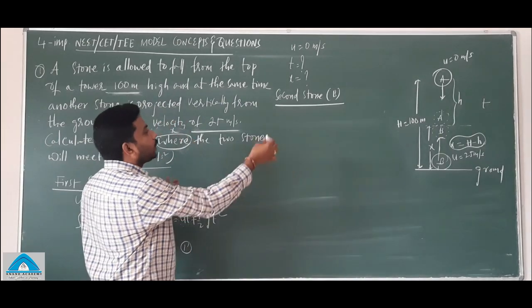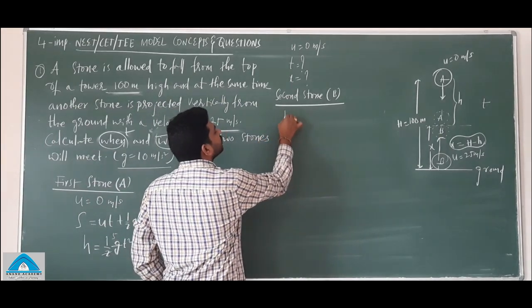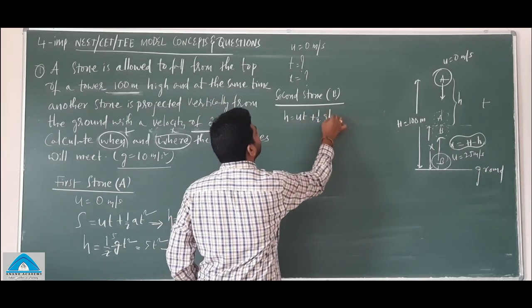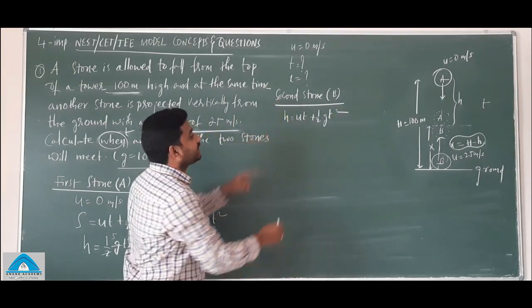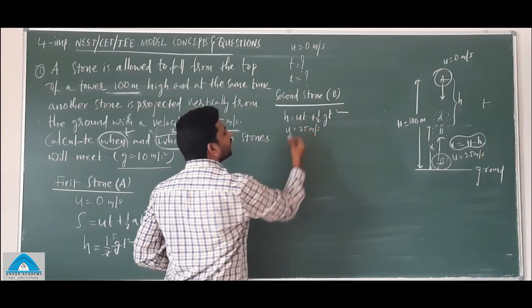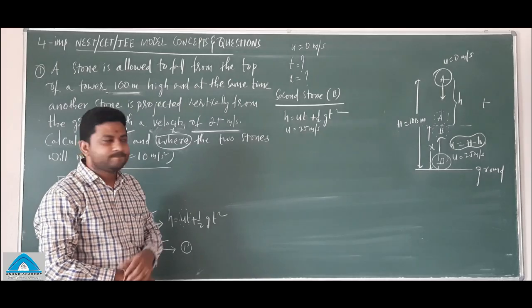Here also I can use the same concept, h is equal to ut plus half gt square, but in this case initial velocity is given as 25 meters per second.